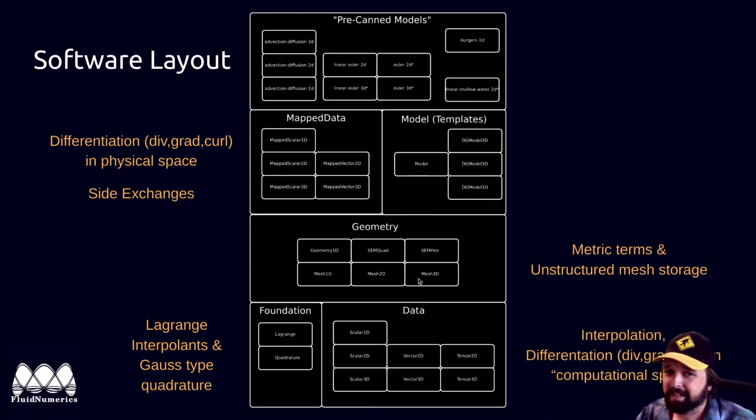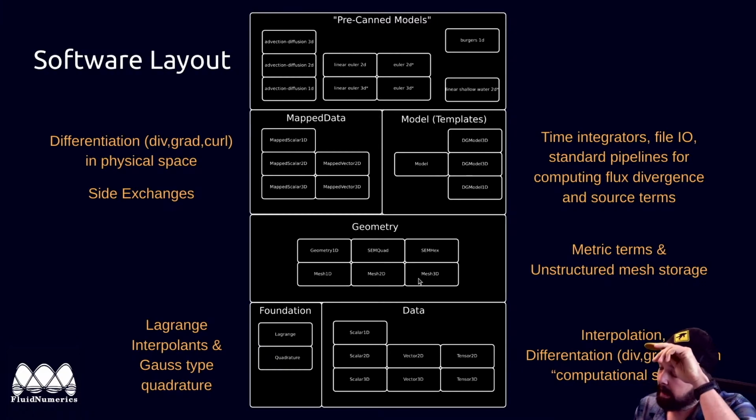And now we can do sophisticated stuff. Now that I can do divergence, gradient, and curl operations in physical space, I can describe my geometry. Now I can create models. And the model class is where we start to build in a lot of template stuff for you. Again, so you don't have to, but because it's OO Fortran, you can always override things and try out really bizarre stuff once you become a SELF expert.